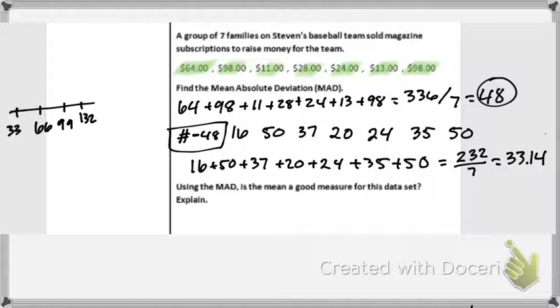It's really hard to see the distribution between those data values. Okay, so if you're ever on the fence, just draw out your number line and use your mean absolute deviation to see if it would be a good measure or not.